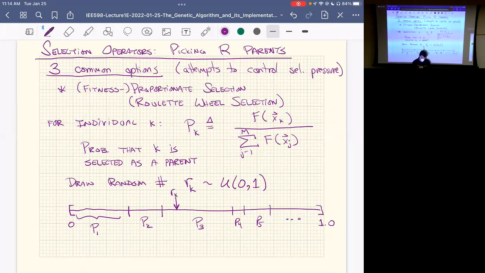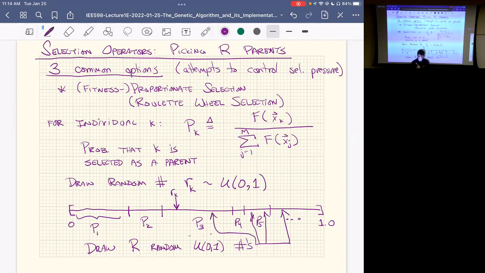So if we draw R random 0-to-1 numbers, we can place them on here, and where they fall tells us who the parents are going to be.